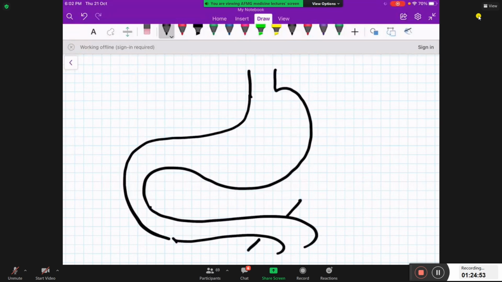Now in surgical anatomy of the stomach, blood supply. Now can you tell me what is the blood supply of the stomach? Celiac artery. What are the branches of celiac artery? What is this branch? What is this branch?